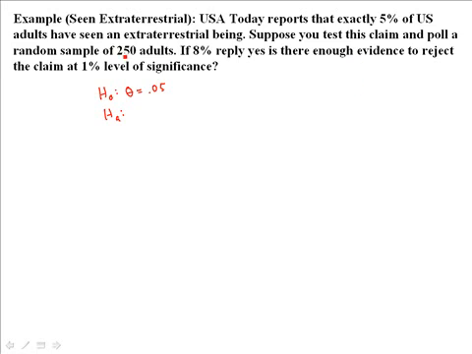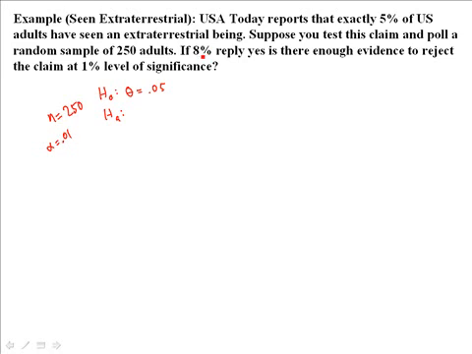That's your sample size, n, so I'll label that 250. And it asks if there is enough evidence to reject the claim, H0, at 1% level of significance. The notation for that is alpha, so let's label it 0.01.